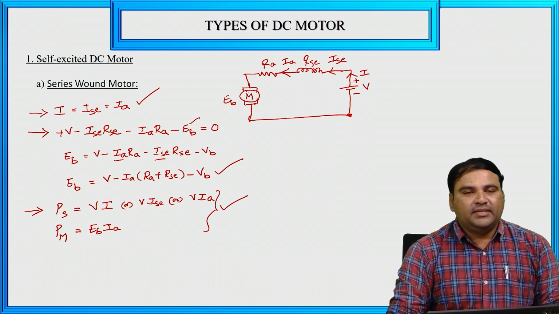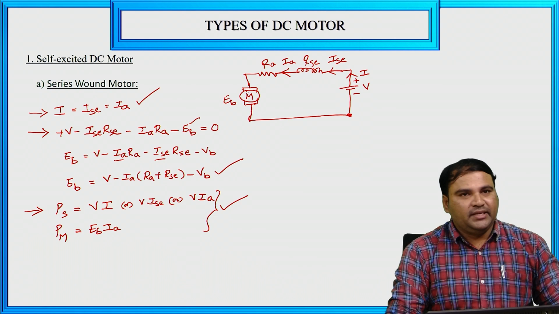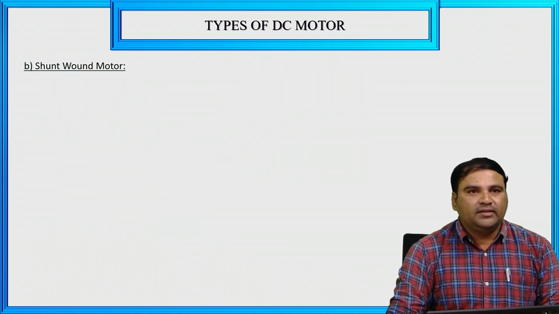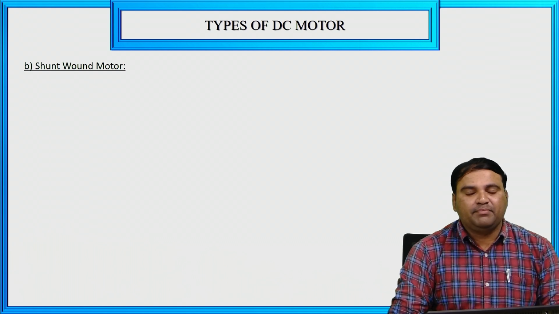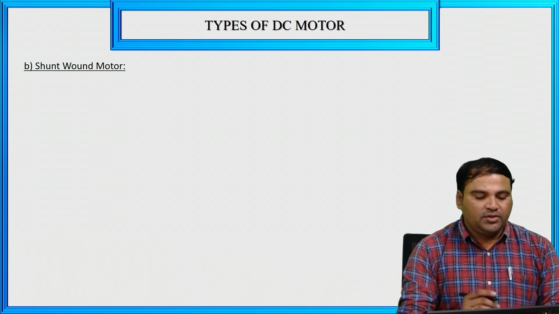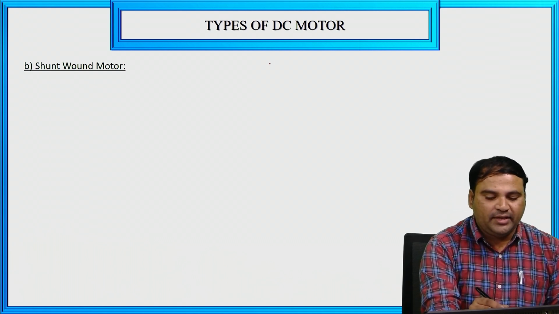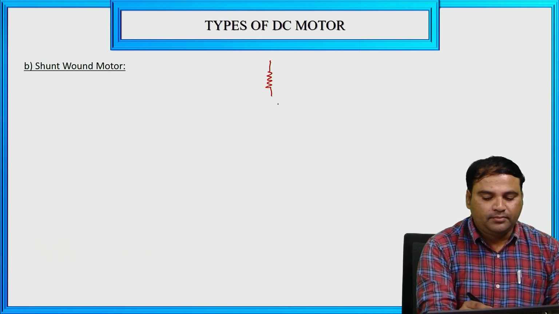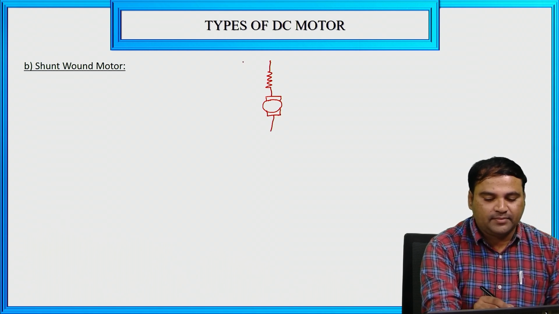Now we will discuss the second type, that is the shunt wound DC motor. Shunt is nothing but a parallel connection. First we have to draw the circuit here. Here is the DC motor in series with armature resistance.